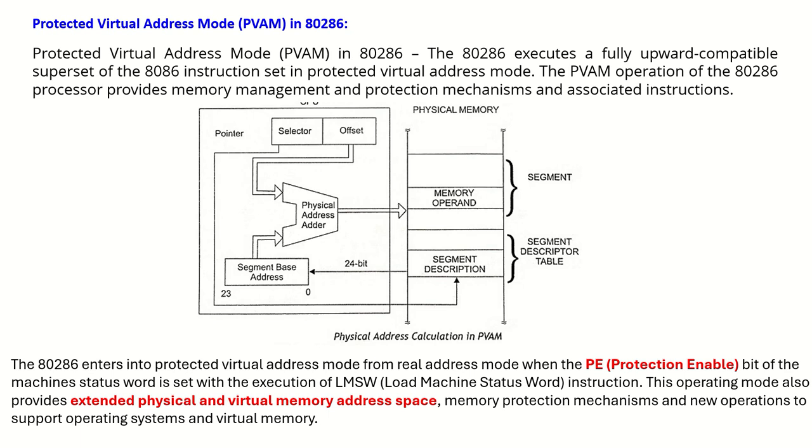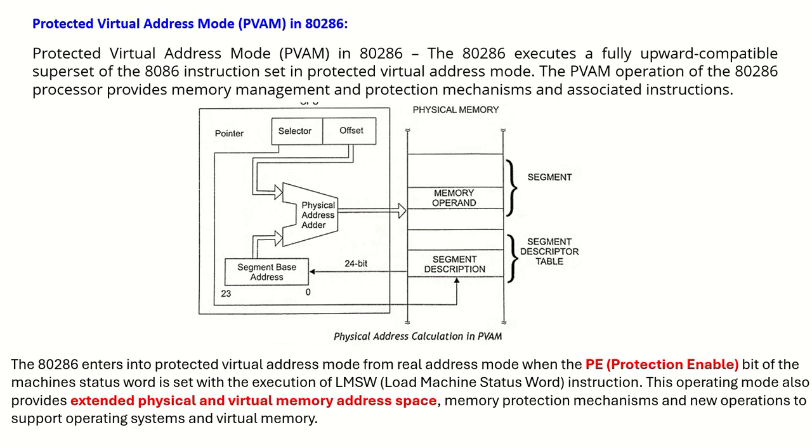With the help of the control bit in the flag register, you can enter into PVAM mode. There is a bit called the protected enable bit, the PE bit, in your control register, and you can use an instruction called load machine status word, which loads the control register to enable protection mode.